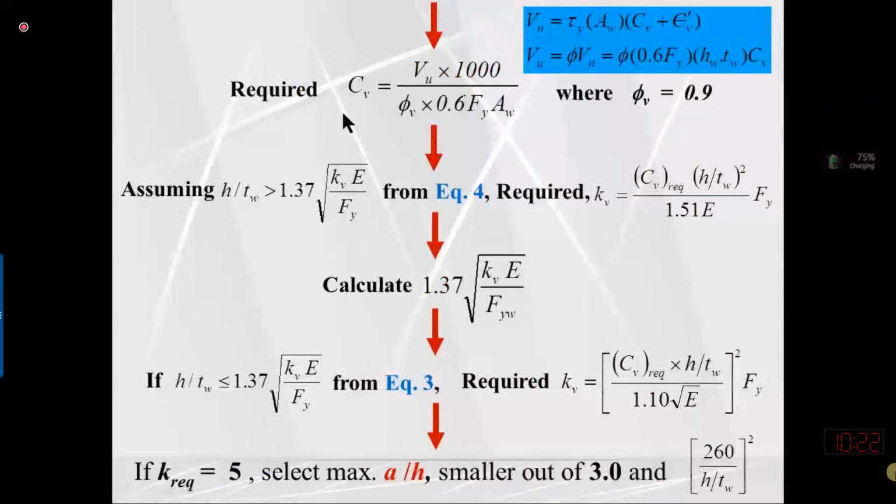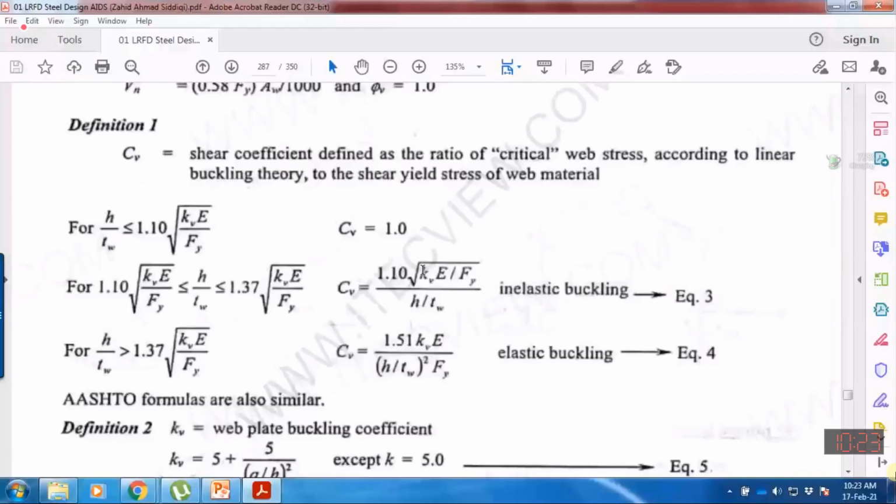We have three formulas for the CV value that we have already discussed earlier. This CV value is a function of the KV value, because this case is not applicable since CV is not equal to 1. So CV is a function of KV, in both equation number 3 and equation number 4.